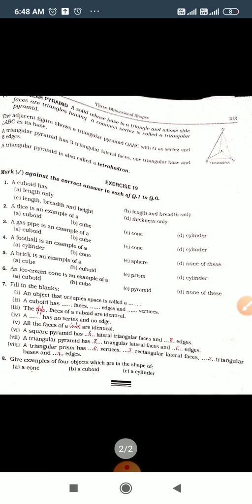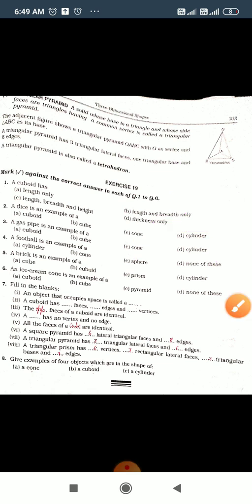Next is triangular pyramid. We call this tetrahedron. This is important. A solid whose base is a triangle and whose side faces are triangles having a common vertex is called a triangular pyramid.